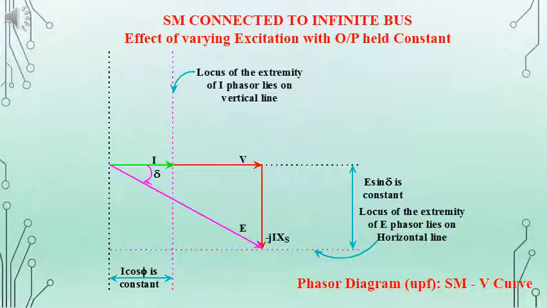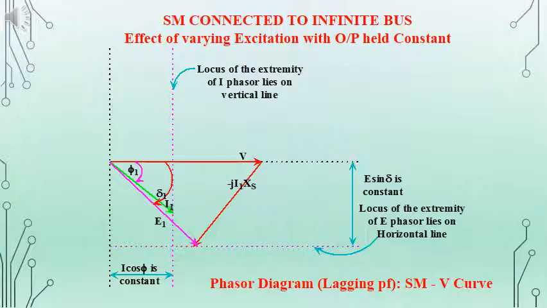So V minus j I XS is equal to E. And for the analysis we consider two locuses, that is current phasor locus and E phasor locus. Current phasor locus is vertical and E phasor locus is horizontal. The lines that are shown in the phasor diagram, one is vertical and the other is horizontal. And now we'll consider the lagging power factor condition.